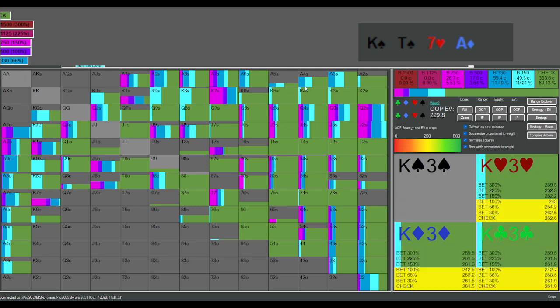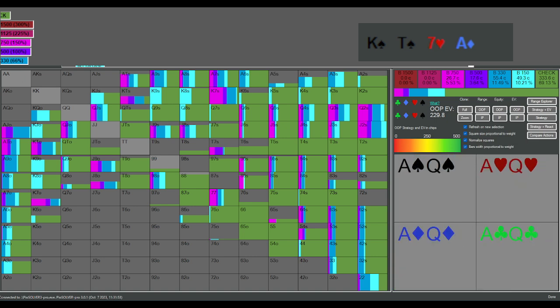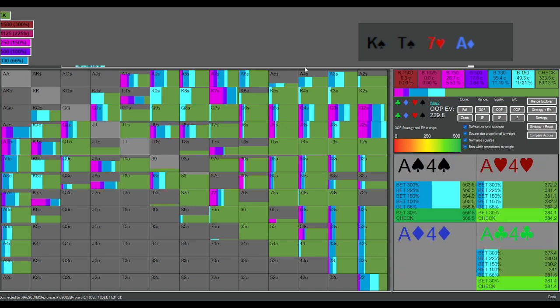So here in game, obviously you want to figure out how your opponent's going to defend given the range you're assigning them.